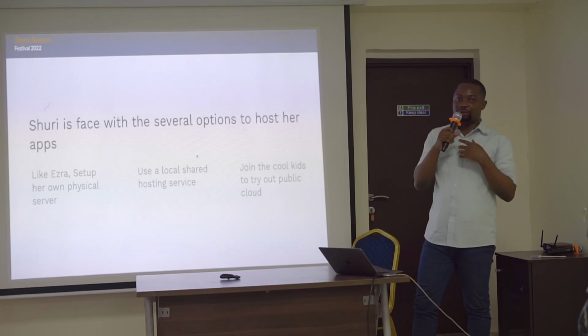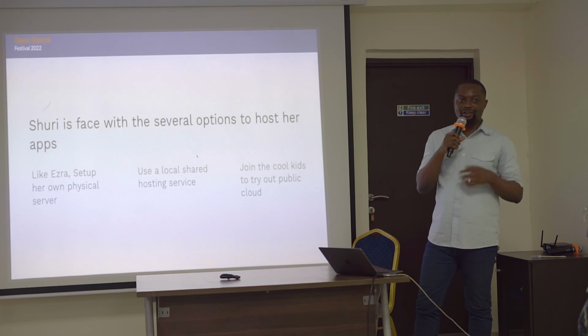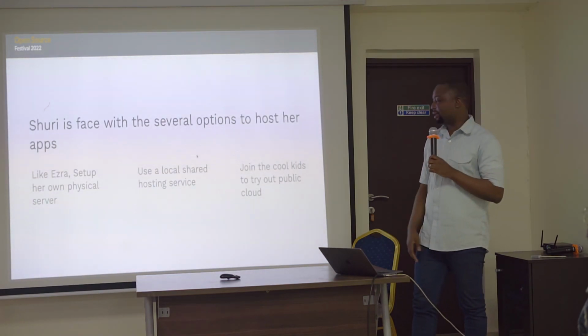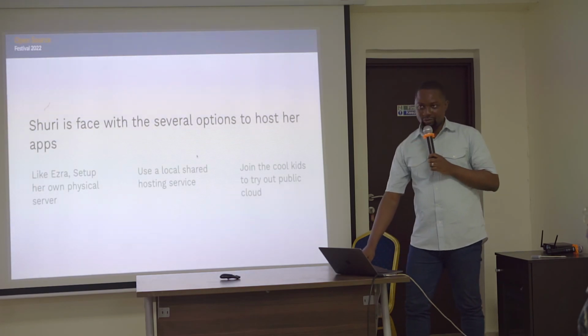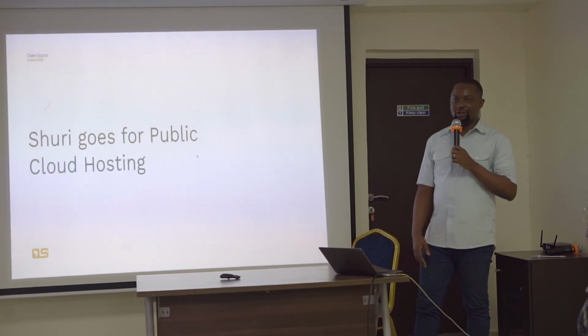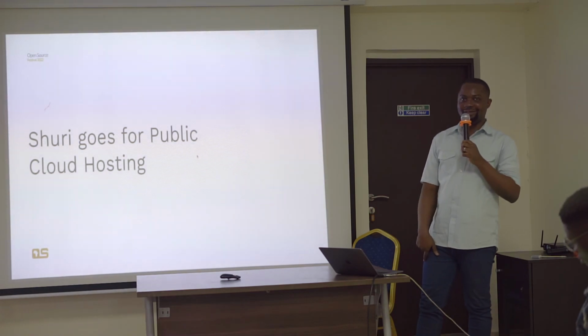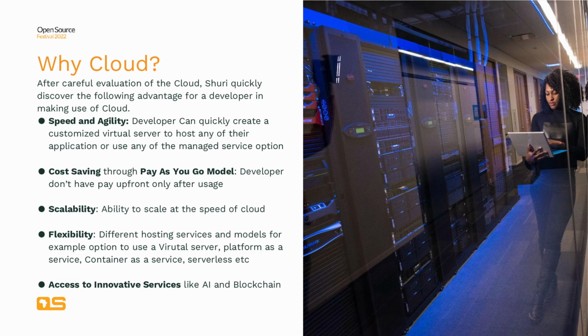And of course, she could join the cool guys and try cloud services like AWS, IBM, Google Cloud, whatever. If you were Shuri, which of these options would you go for? Cool. Well, of course, she wants to be like the big guys, so she goes for public cloud hosting.